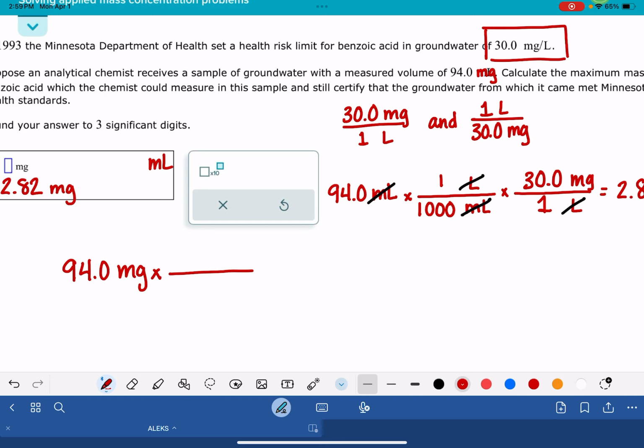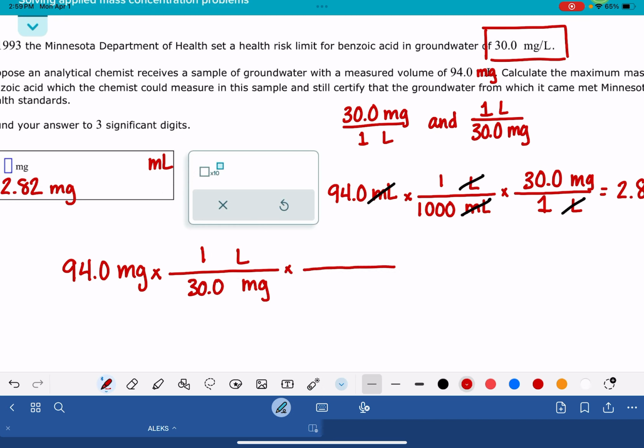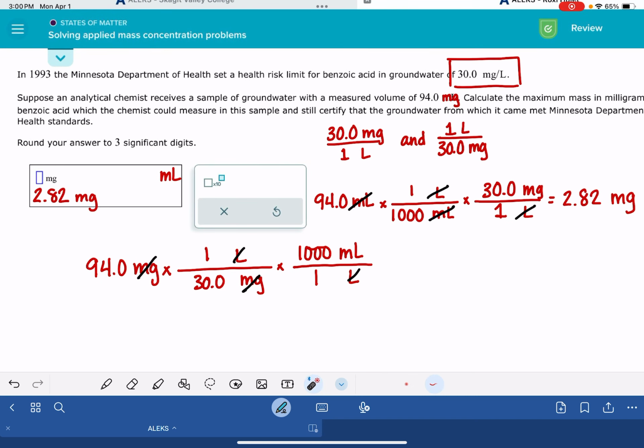I would want to multiply by a conversion factor that cancels out that milligram unit, so I'd want it down on the bottom, and it looks like this is the conversion factor that I would want to use, 30 milligrams per liter, and that liter unit looks like it's not exactly what ALEKS is looking for in this imaginary problem. So I would want another conversion step that allows me to convert into the correct unit, 1,000 milliliters per liter. So this is how you would set it up, something along these lines if you were solving the other version.